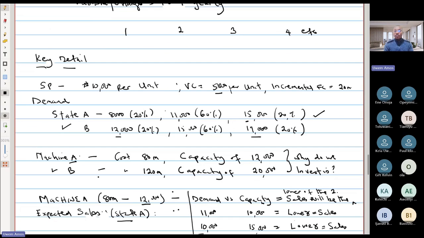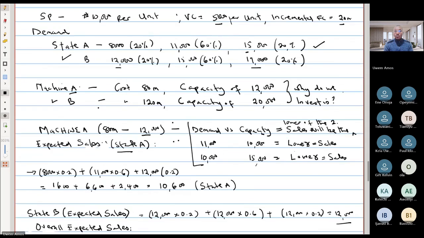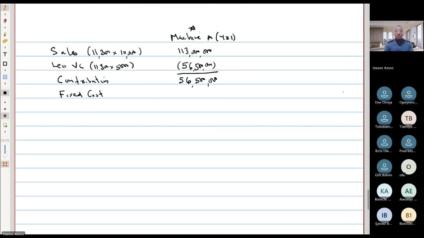Our incremental fixed cost is 20 million. So that gives us profit before tax of 36,500.